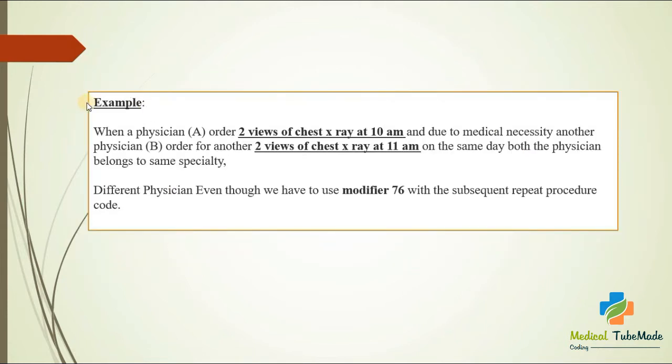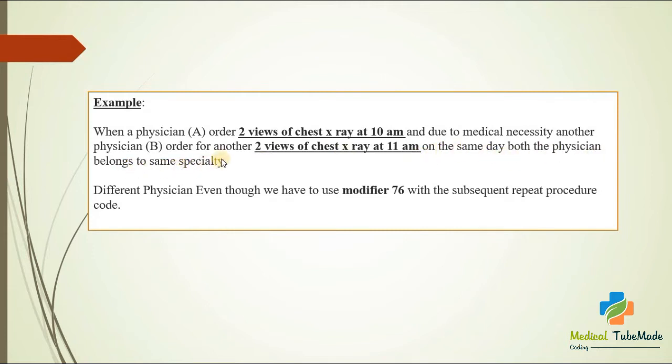Second example: physician A orders a 2-view chest x-ray at 10 am, and due to medical necessity another physician orders another 2-view chest x-ray at 11 am on the same day.